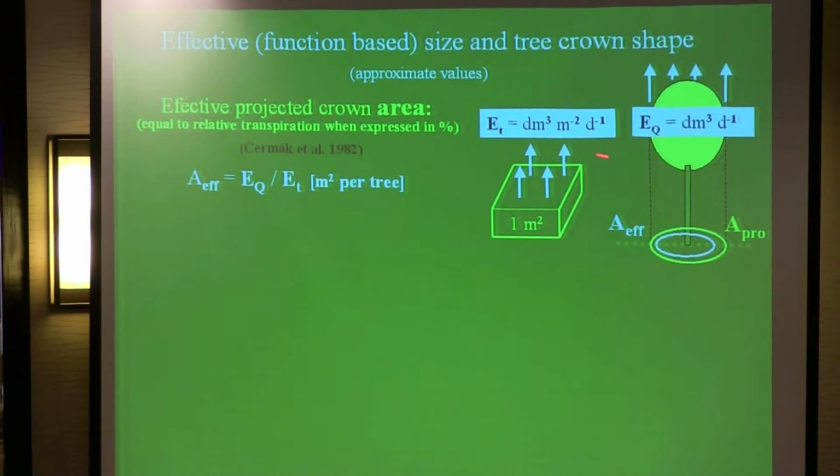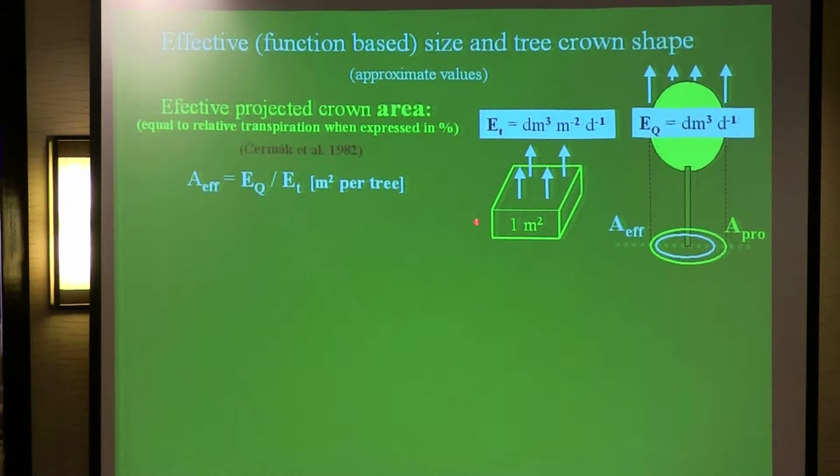So, if we have these two data, with this complicated mathematical expression, we can say that this tree behaves like 20 square meters of the standard stand. This parameter we call simply effective projected crown area.